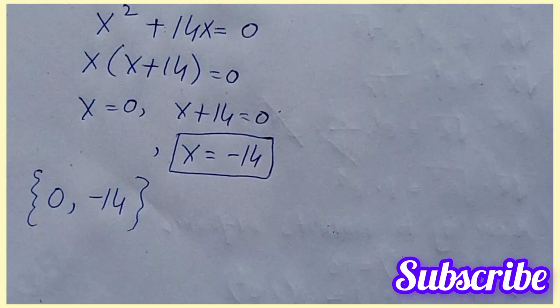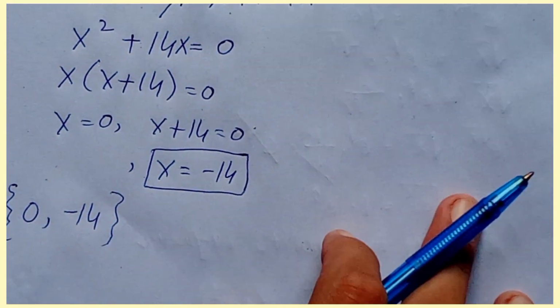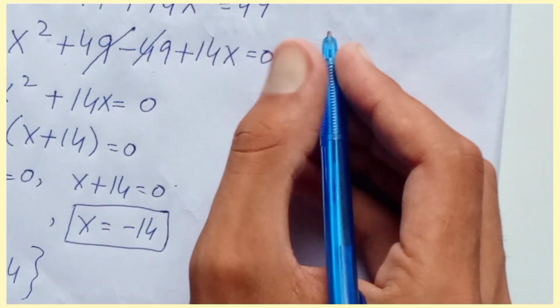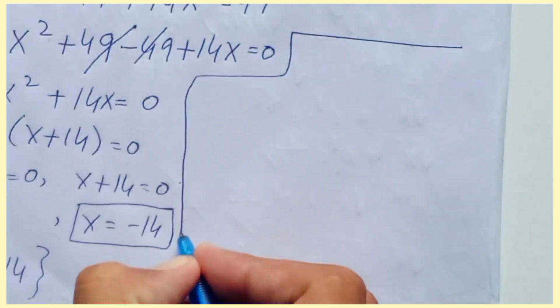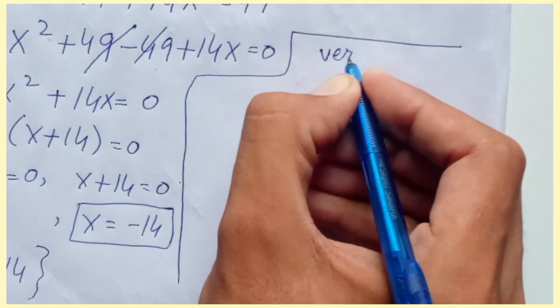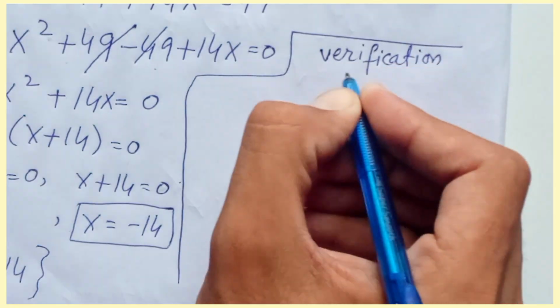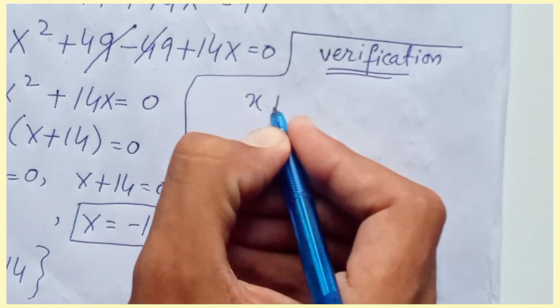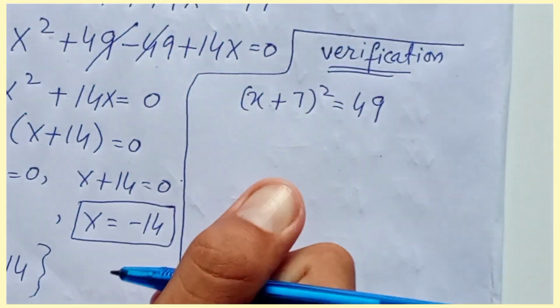Now guys, I can verify these two answers of x. Verification. Our expression is (x plus 7) to the whole square is equal to 49.